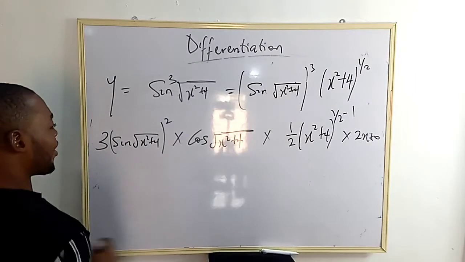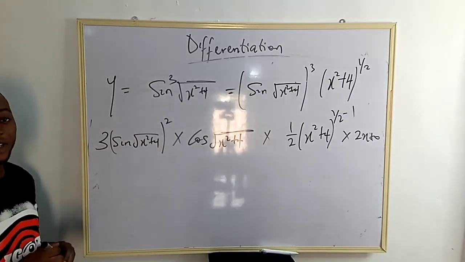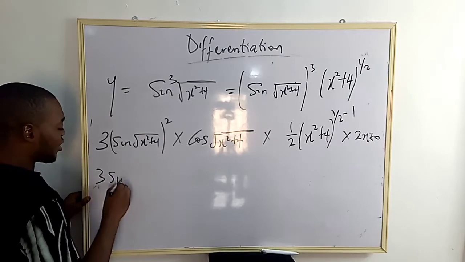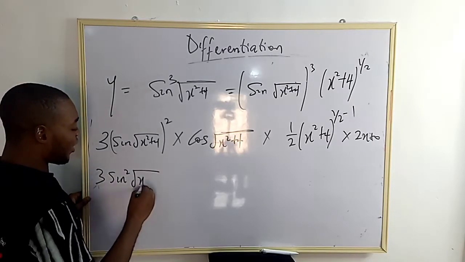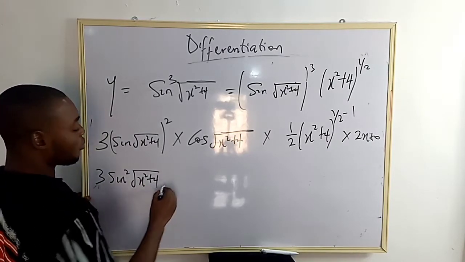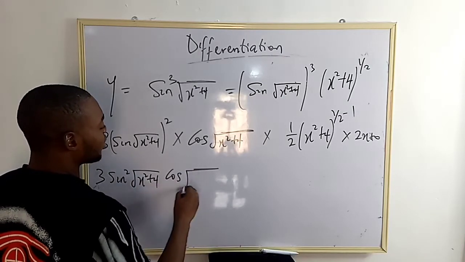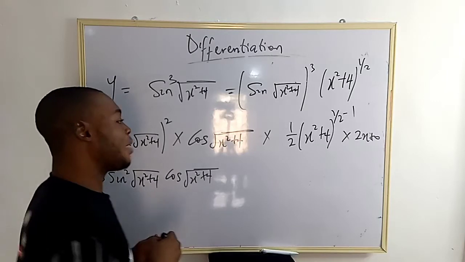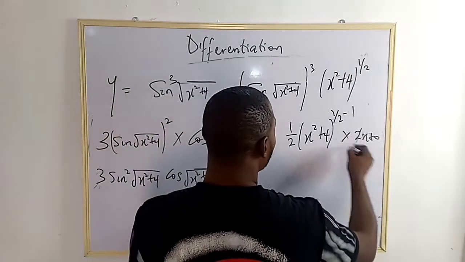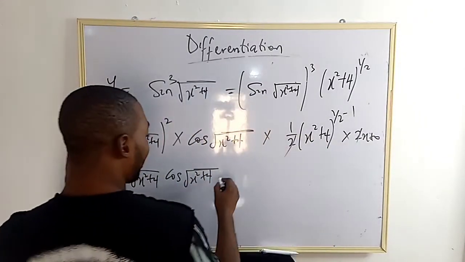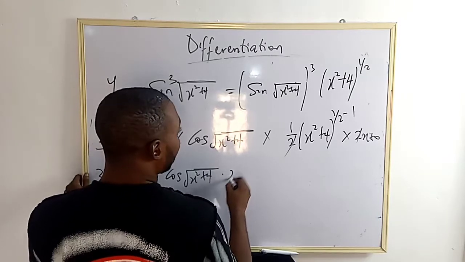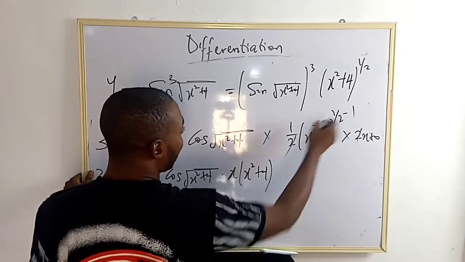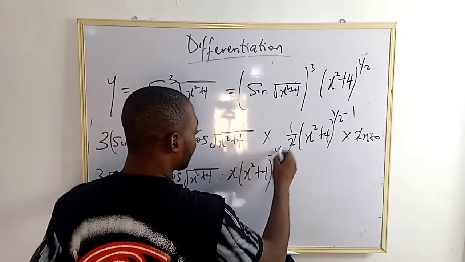From what we have here, you can see this is a very long solution we are dealing with. So we have 3 sine square root of x squared plus 4, cos square root of x squared plus 4, multiplied by 2x, 2 cancels 2. So we have x multiplied by x squared plus 4 raised to power half minus 1, that's minus half.